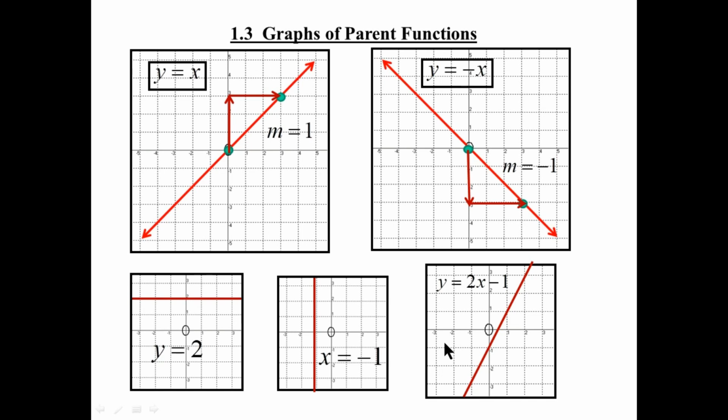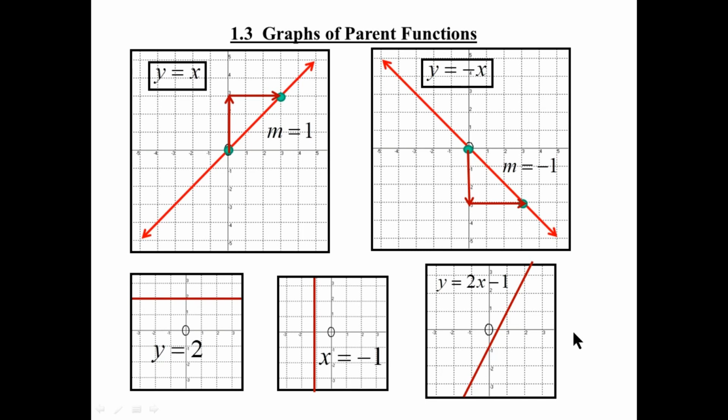All the other lines are y equals mx plus b, where m, the coefficient on x, is the slope. Rise 2, run 1, rise 2, run 1, because that's what 2 is. And this number over here is the y-intercept. So in this case, that would be negative 1. And we can say that it intercepts the y-axis at negative 1.